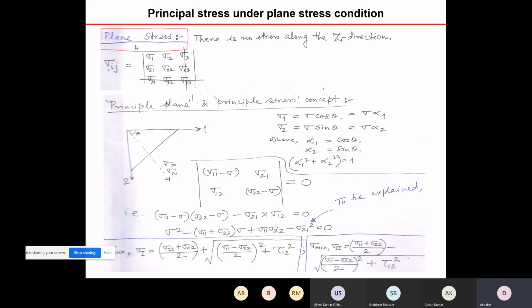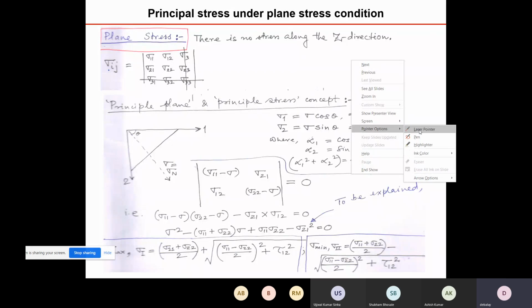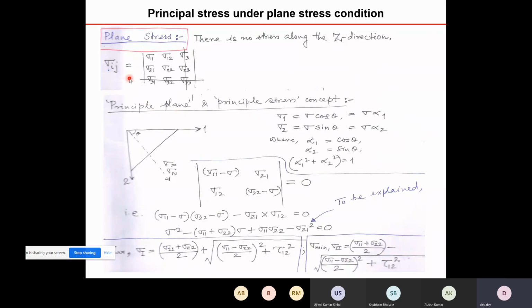There is no stress along the direction perpendicular to the plane. So if you consider a plane XY, there is no stress along the third direction. So that calculation you can do to simplify the problem, because the stress tensor will now become simpler. What you do? You cancel out all the stresses that are acting along the third direction.